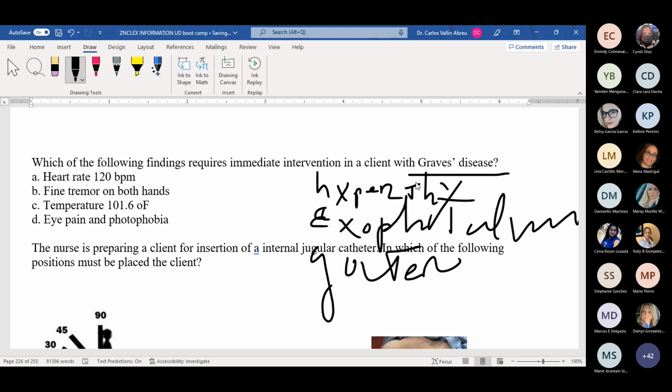So let's not make it complicated. But you need to be aware, because it is questioned, that when you have a patient with Graves' disease, you are not only thinking in hyperthyroidism, you are also thinking in exophthalmos. Because the care of the hyperthyroidism is one, and the care of the exophthalmos is another.